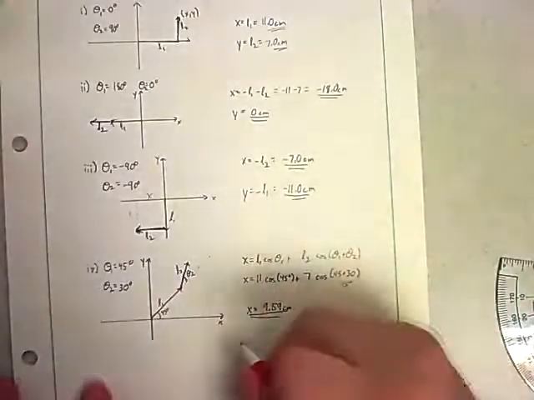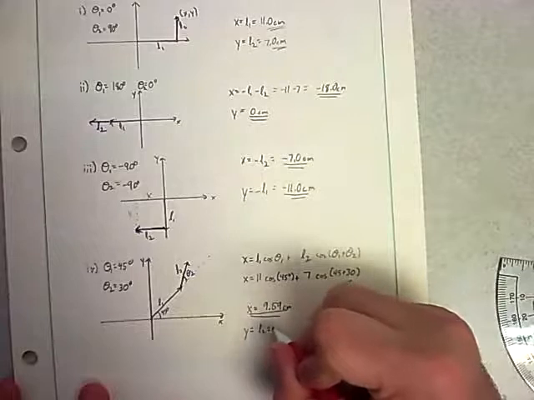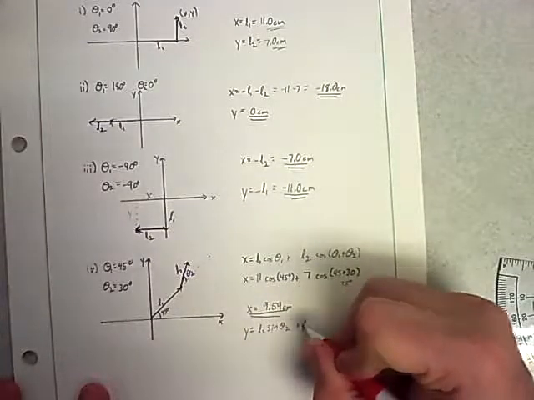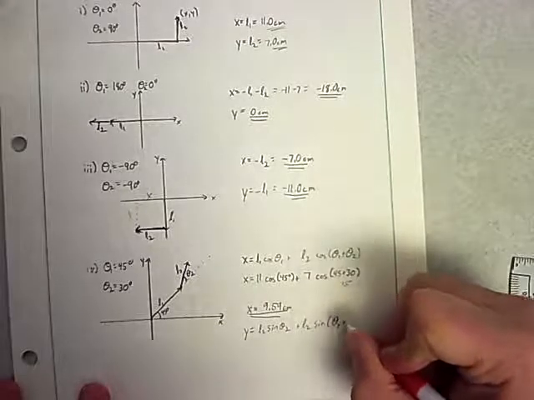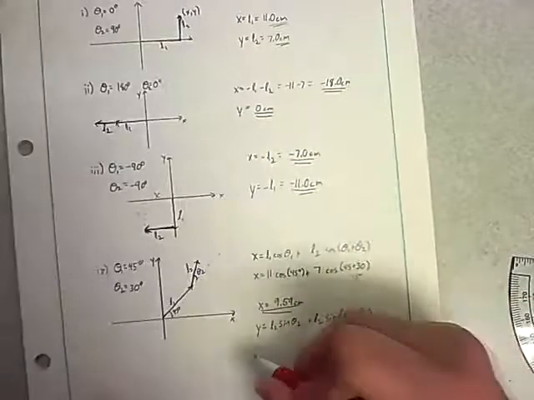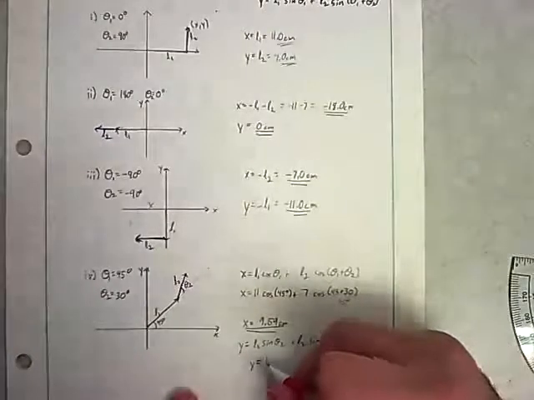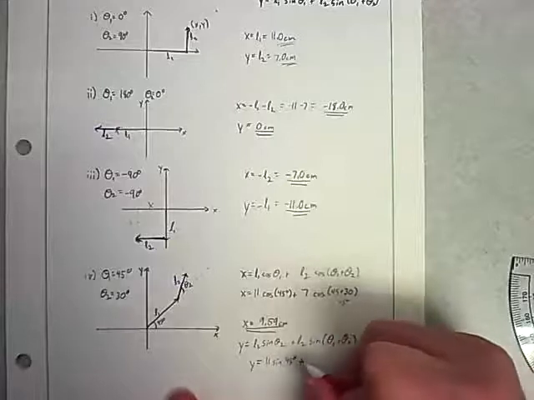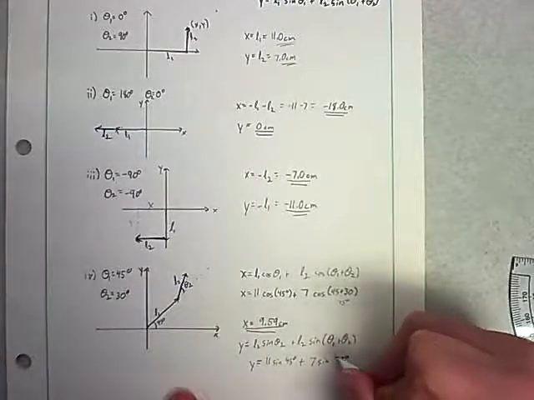And for y, we'll use the similar equation: L1 sine theta 1 plus L2 sine of theta 1 plus theta 2. So y is equal to 11 sine of 45 degrees plus 7 sine of 75 degrees.